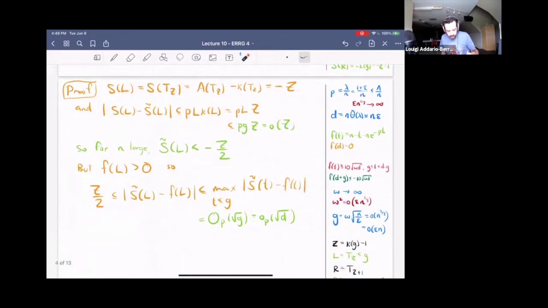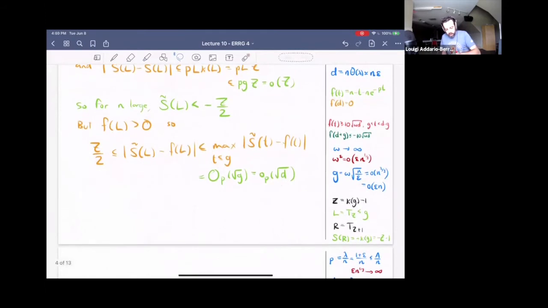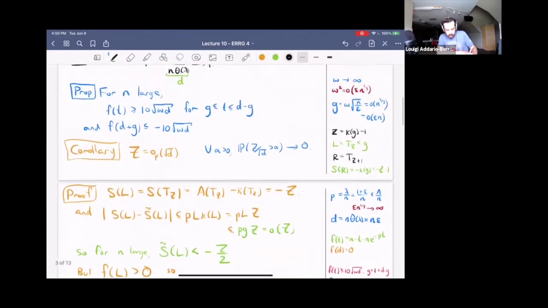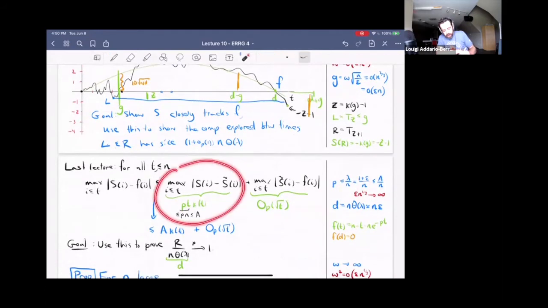Okay, so that's the first step, and now I want to derive one more bound. This kappa t bound looks a lot better when t is small, because that's when we potentially have better control over the number of components explored.